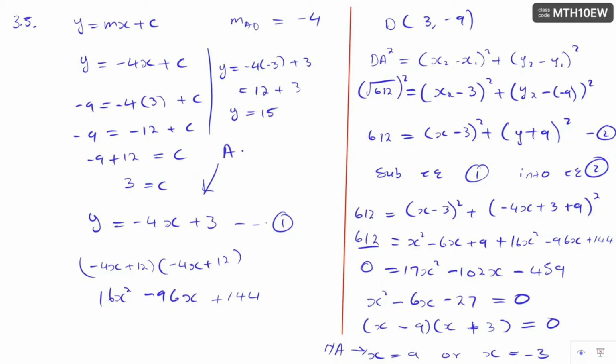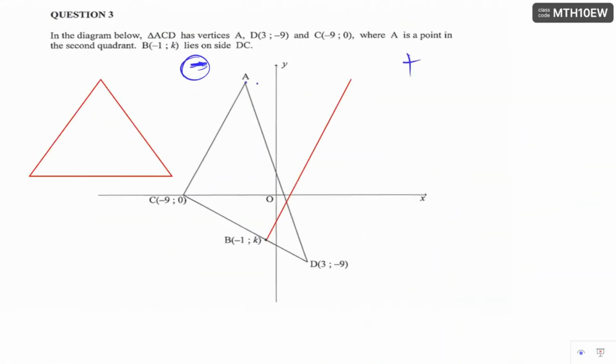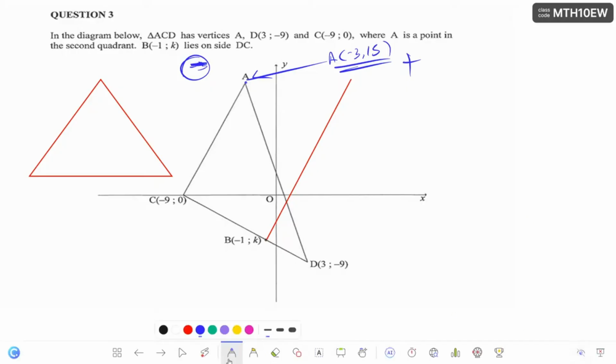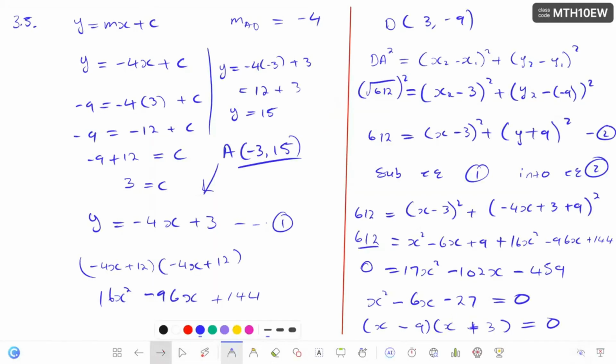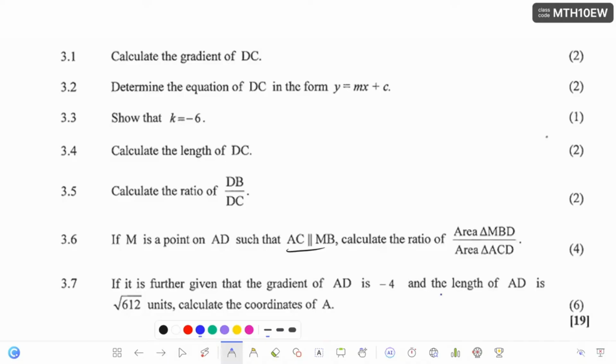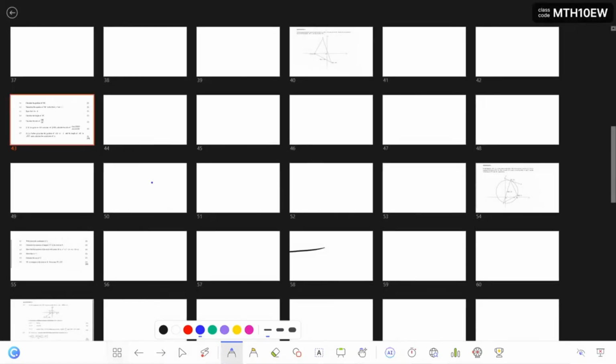So the coordinate of A is negative 3 and 15. So the coordinate of A is negative 3 and 15. Okay, I think we're done with this question. Yeah, we're done. So let's move to question 4.